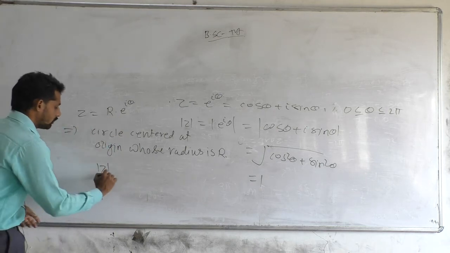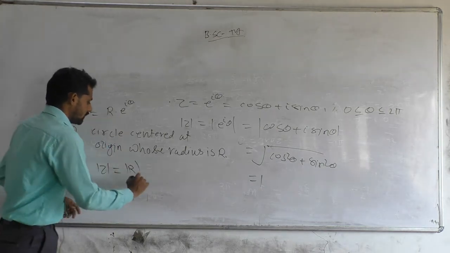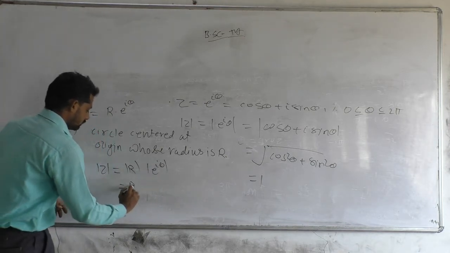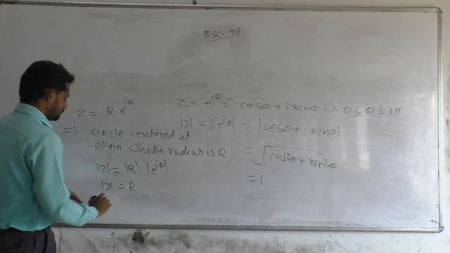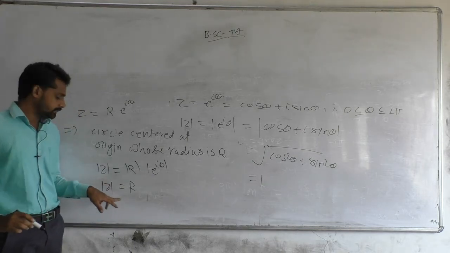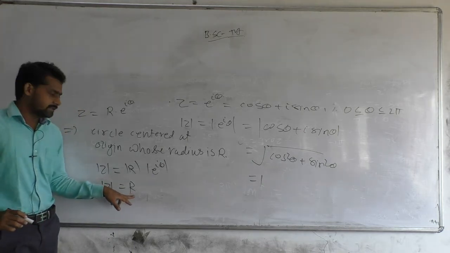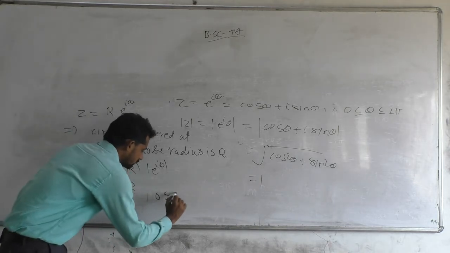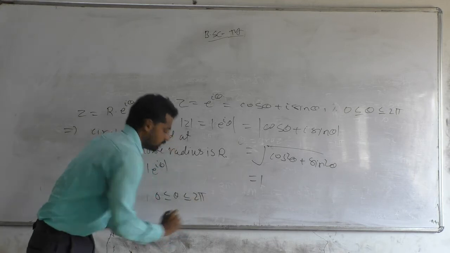Because if we take mod on both sides, then mod r into mod of e raised to i theta is equal to r. So this is a circle centered at origin whose radius is r, because mod of e raised to i theta is 1, where theta lies between 0 and 2 pi.